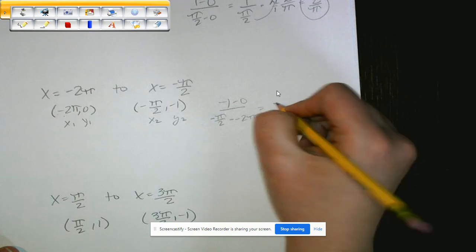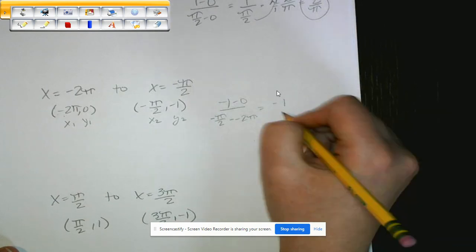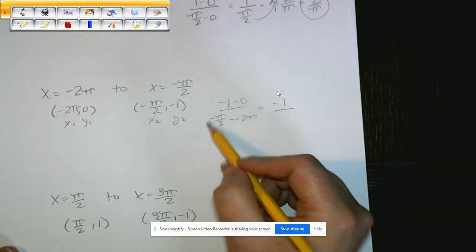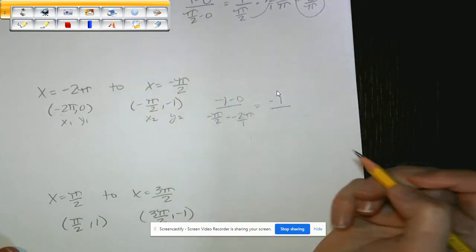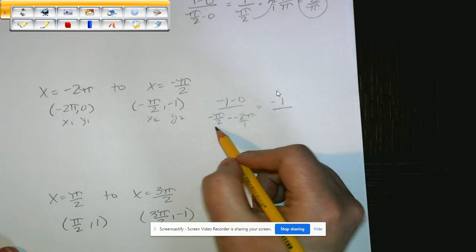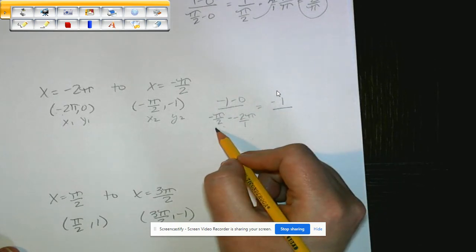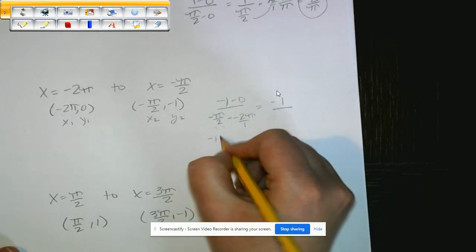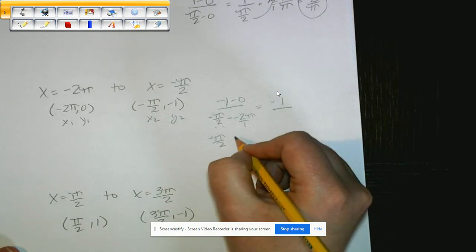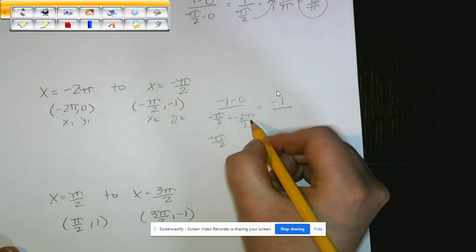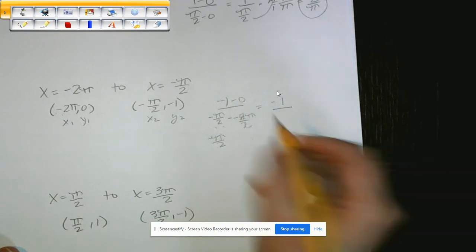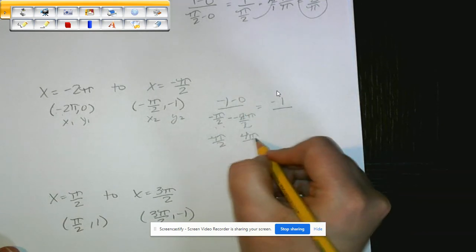Okay, and we get negative 1 over, but here we have a fraction, guys, so we are going to have to get a common denominator. Okay, I have 1 and 2, so the common denominator is going to be 2. So I get negative pi over 2, and if I change this to a 2, this becomes a 4, and I get 4 pi over 2.